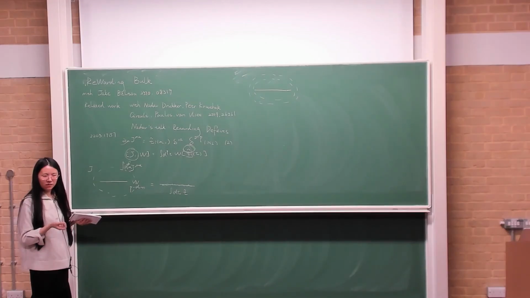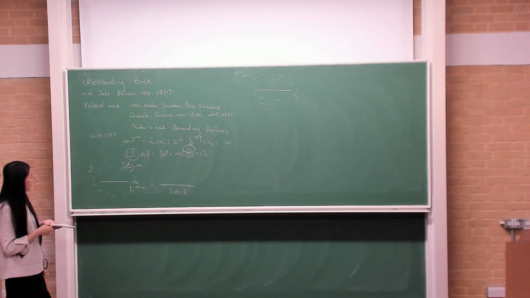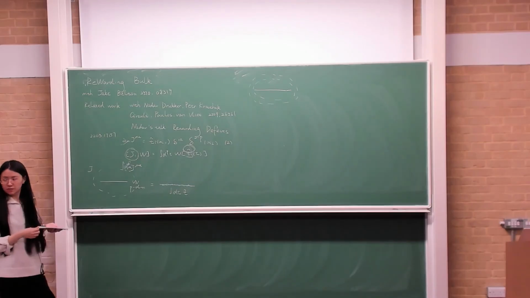Because usually when I construct the charge, I take the time component of the current and I integrate that over space. I think it has to be contracted with the normal.